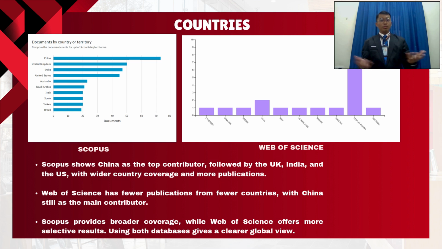And the difference between Scopus and Web of Science is that Scopus offers broader coverage and highlights global diversity in the research, but Web of Science provides the most detailed results, focusing on fewer countries.